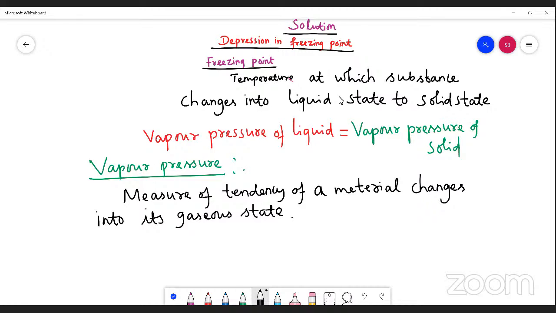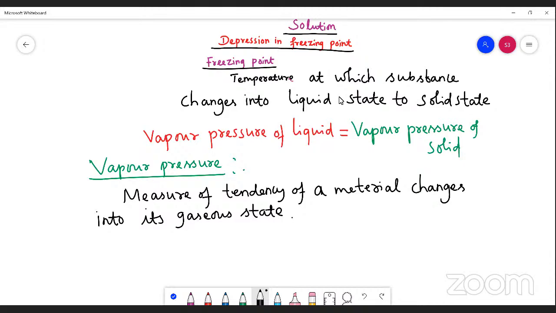It occurs whenever the vapor pressure of a liquid, here water, changing into its gaseous state, is equal to the vapor pressure of a solid. At that point only we will get the freezing point.